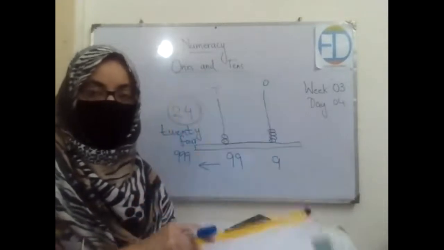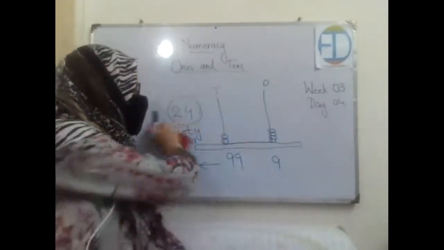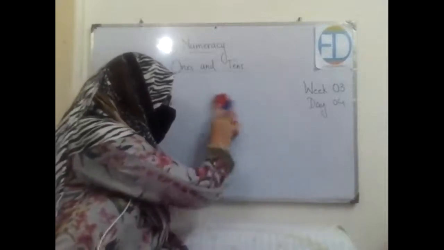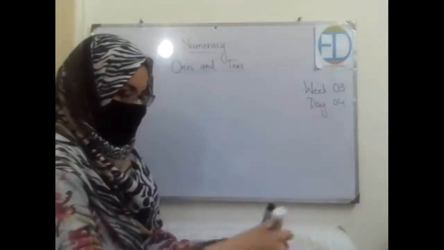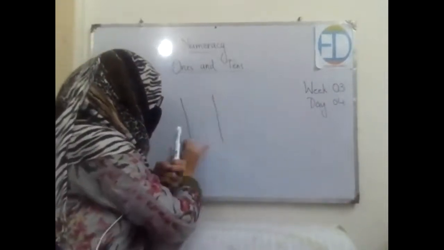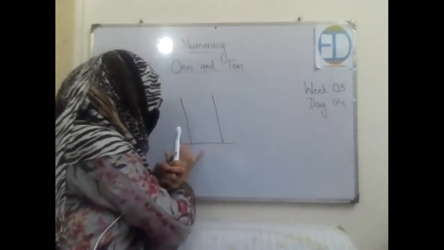Okay, and in this page we will be practicing the numbers in the form of ones and tens from 20th till 30th. So I'm writing some backups over here for you. Give me some time.